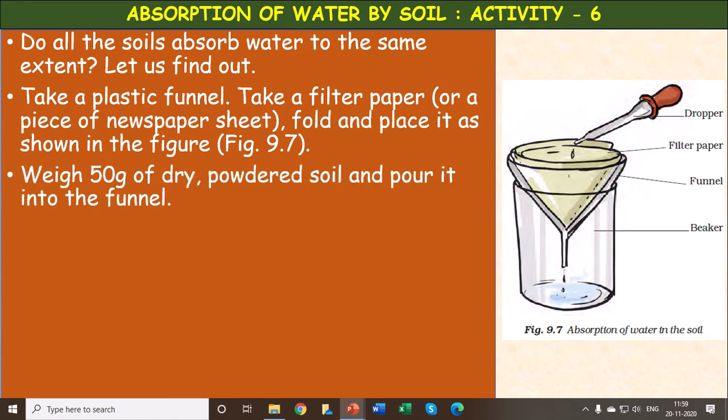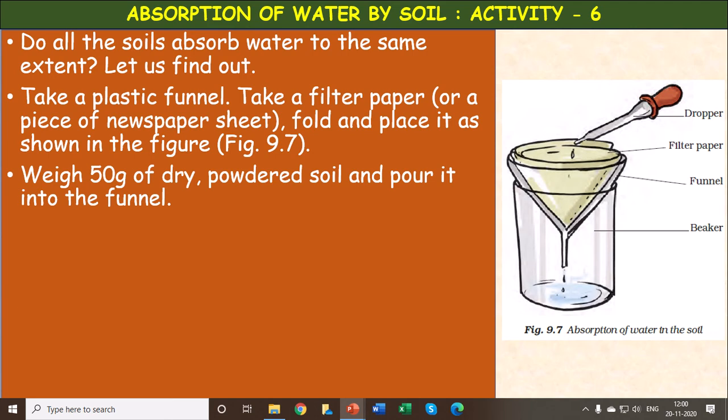Now weigh 50 grams of dry powdered soil and pour it into the funnel. So what we have done, we have arranged the setup: a beaker, a thistle funnel, and in that we have folded a paper, either filter paper or any newspaper.